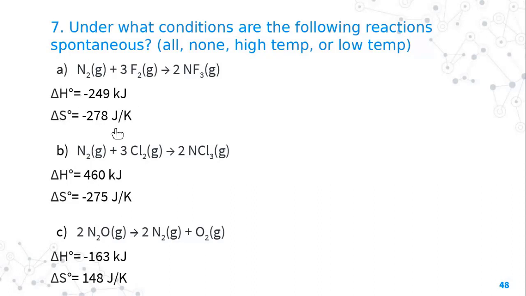Awesome. All right, so for 7b, we have a positive delta H and a negative delta S. Awesome, yes, so it will never be spontaneous. 7b is always non-spontaneous. What about C?